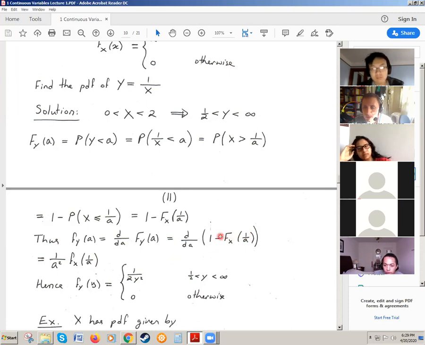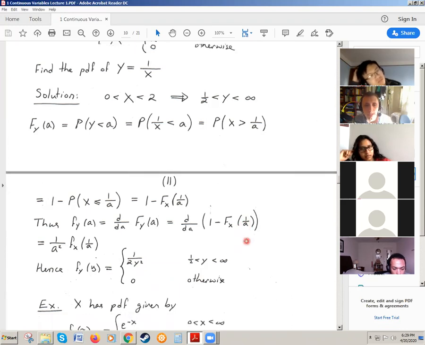So the minuses cancel. And when I take the derivative of capital F, I get lowercase f, because when I take the derivative of the cumulative distribution, I get density. So the cumulative distribution, Andrew, of course, is the integral from minus infinity to the particular point A. So you can always obtain the cumulative distribution if you know the density function.